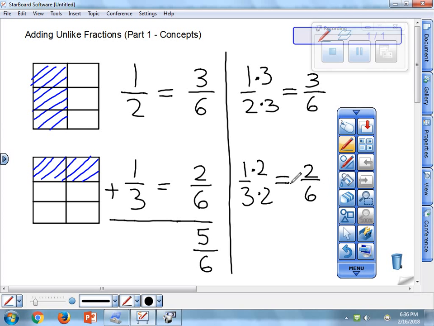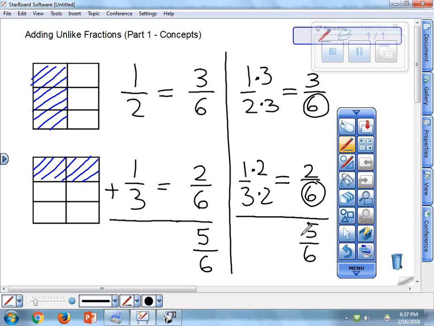So numerically, all we're doing to add the fractions together is multiplying the numerator and denominator of each fraction by a value, namely the denominator of the other fraction, in order to create a denominator that is the same for both fractions, which is of course what allows me to then add the two fractions together. It turns out that this numerical process works for adding any two fractions together.